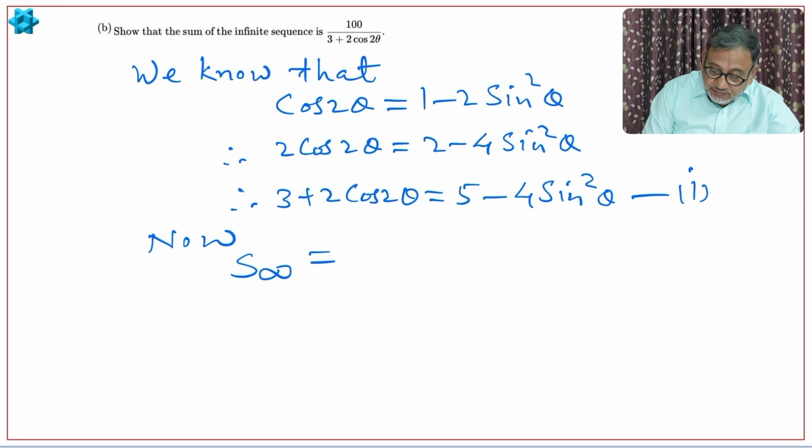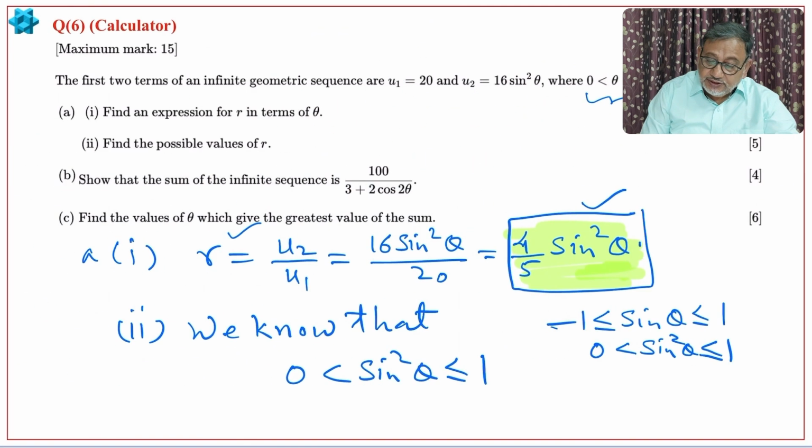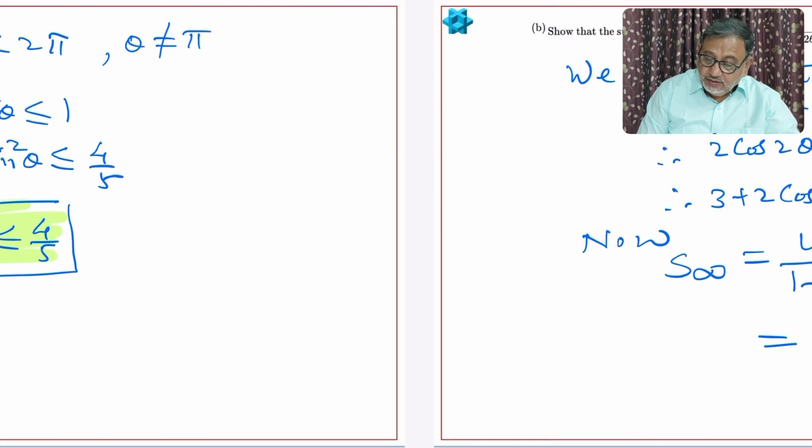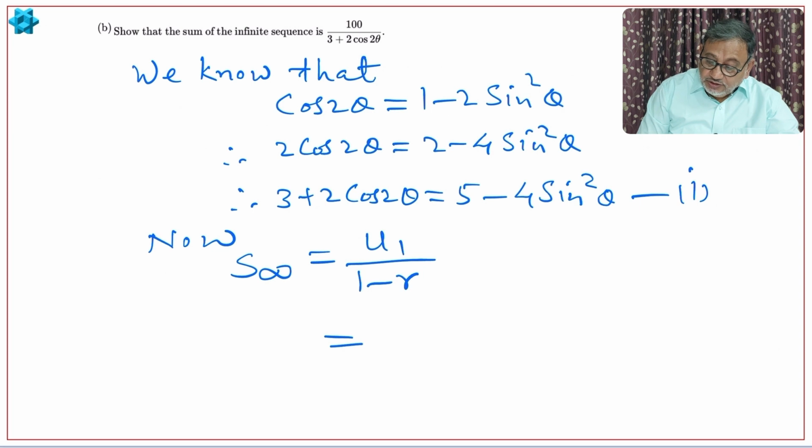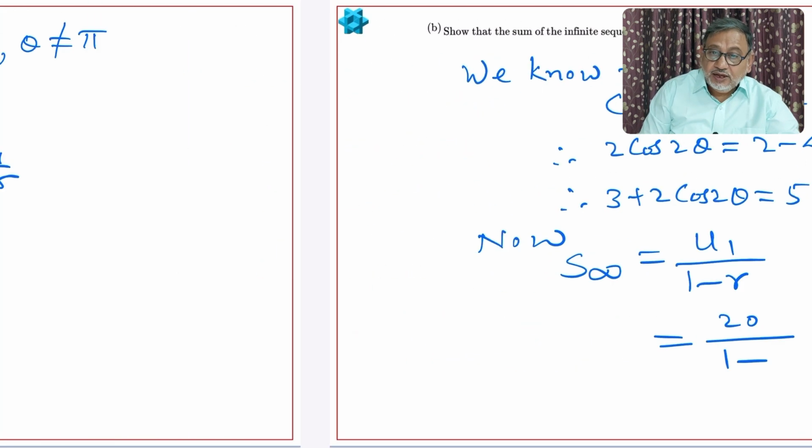Now S infinity is u1 upon 1 minus r, right? What is u1 in this? The first term they said is 20. Look here, this is the first term, 20. So u1 is 20. 1 minus r, r is what?